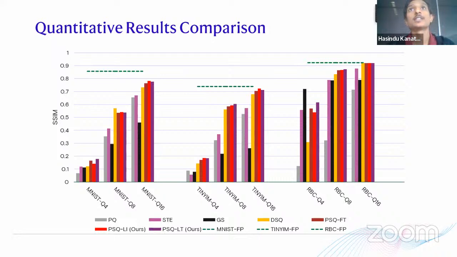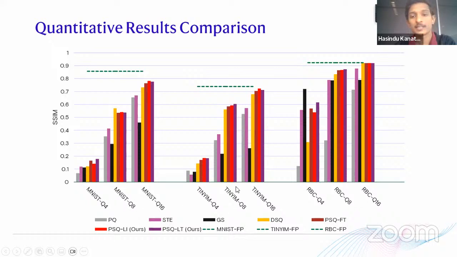So this is the comparison of the quantitative results for each data set. This green dashed line shows the full precision model performance in terms of SSIM. For each data set, we consider 4, 8, and 16 quantization levels.